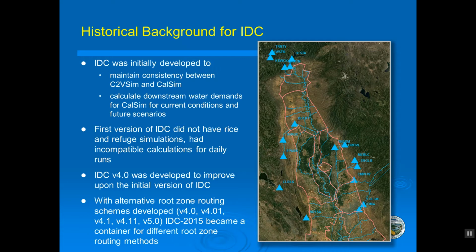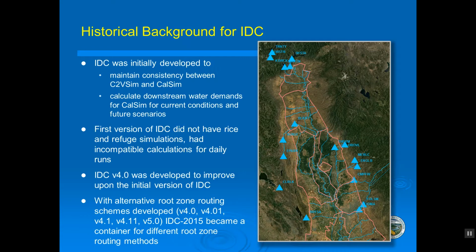You'll see that it's all about version numbers in IDC and IWFM. So we ended up with IDC version 4.0, which addressed the rice simulations, refuge simulations, and was also capable of doing daily runs with the available data.